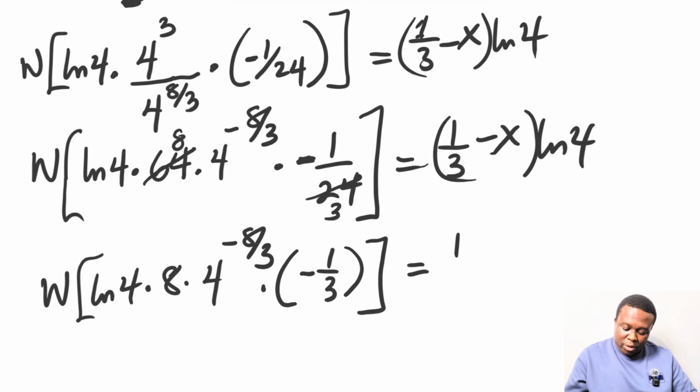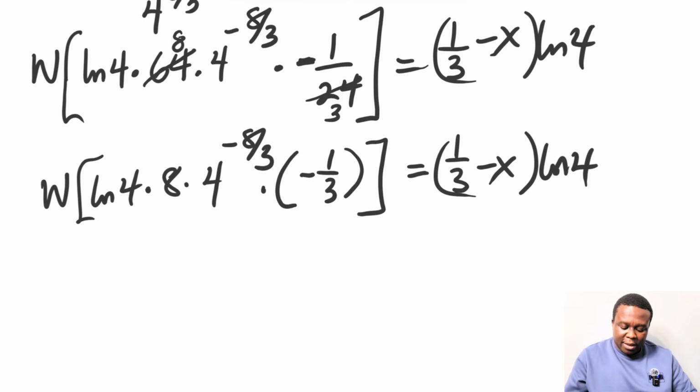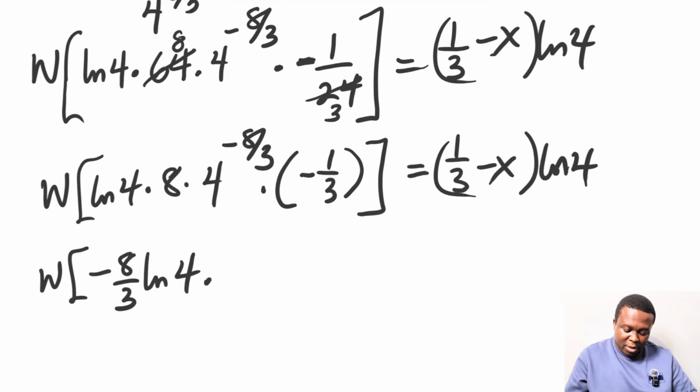And that's equal to (1 over 3 minus x) ln of 4. Now 8 times minus 1 over 3 is the same thing as minus 8 over 3 ln 4 times 4 raised to the power minus 8 over 3.